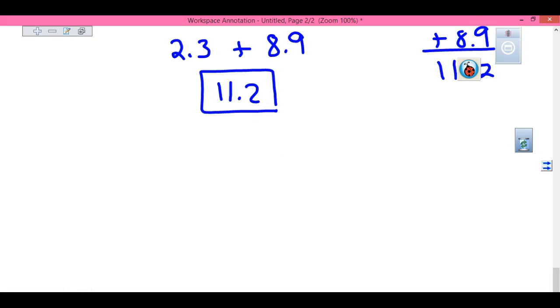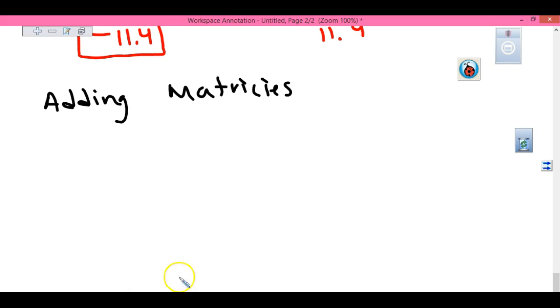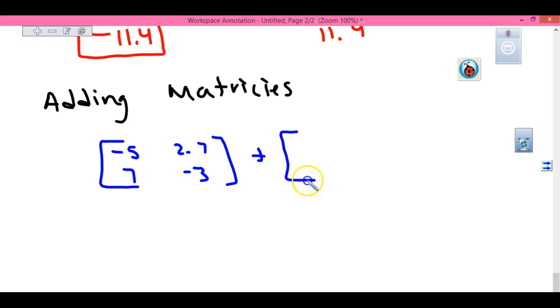Okay, let's try this next. So we're adding matrices, and we have this first matrix: negative 5, 2.7, 7, negative 3, 2.